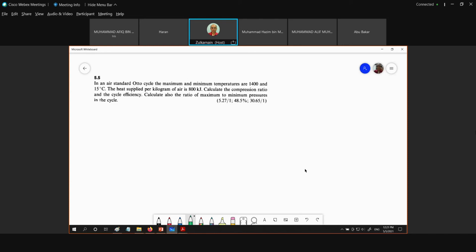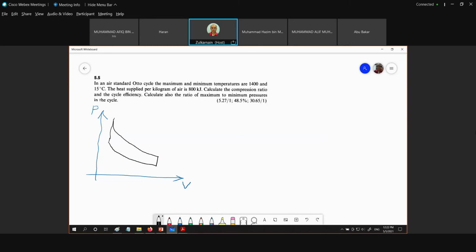Right? So we are talking about the Otto cycle. If we want to look at the minimum and maximum pressure and temperature, we can see it from the PV diagram. So what we are going to do right now is sketch the PV diagram of an Otto cycle. This is P, this is V. Otto cycle: constant volume for heat addition, constant volume for heat rejection.